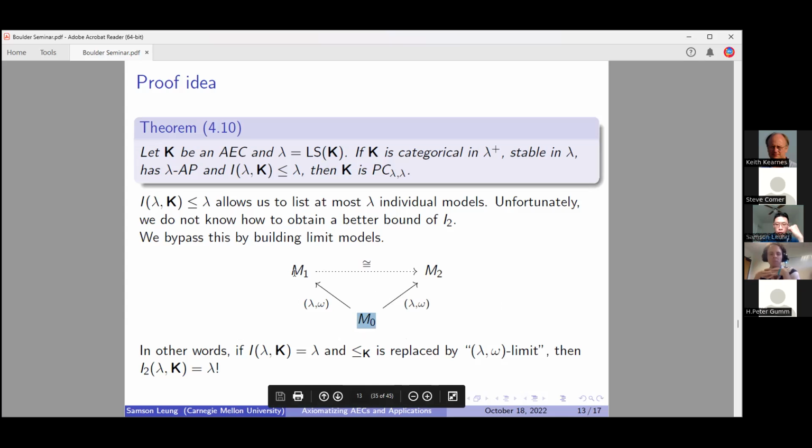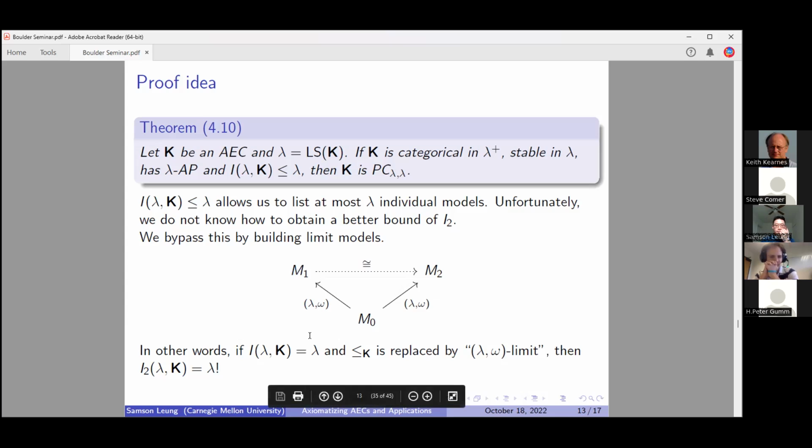Now, in the original proof, I just take M1 to be any K superstructure of M0 using the Leung axiom and coherence axiom. In this improvement, I require that M1 is a lambda omega limit model of M0.